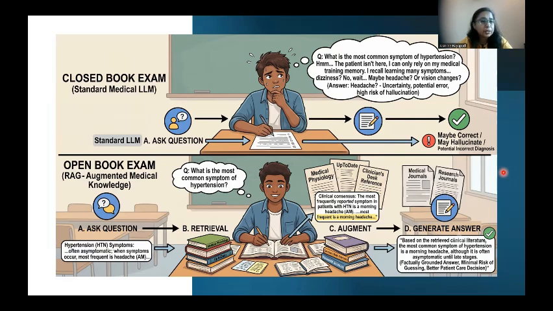But what happens in retrieval augmented generation is that you let the student take an open book exam. So all the information is there in the student's hands. When you ask a question, instead of forcing the AI to guess from its memory, you can give all the information to the AI and then ask it to use that information to answer that question.